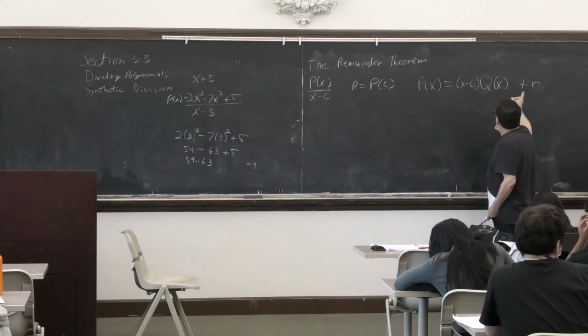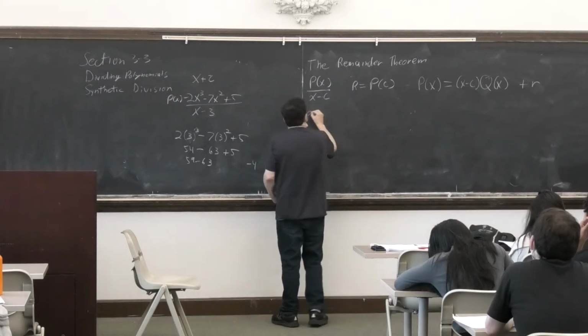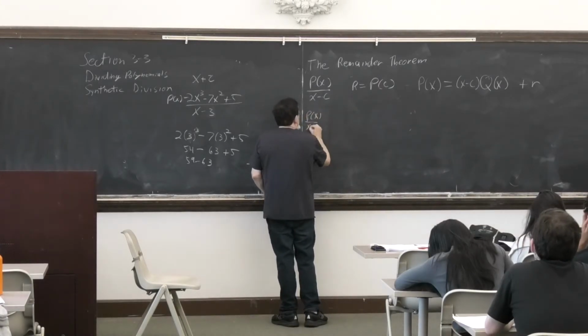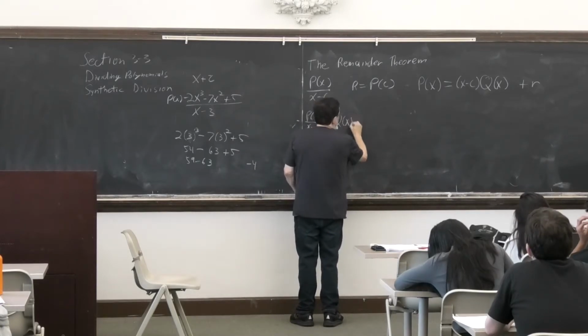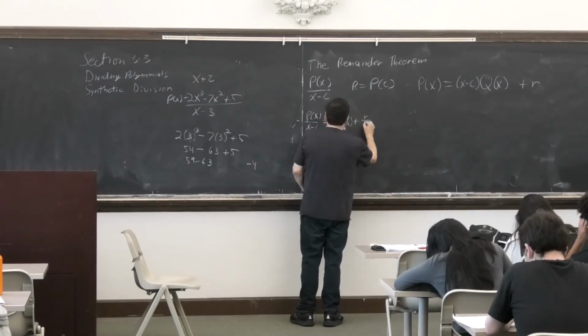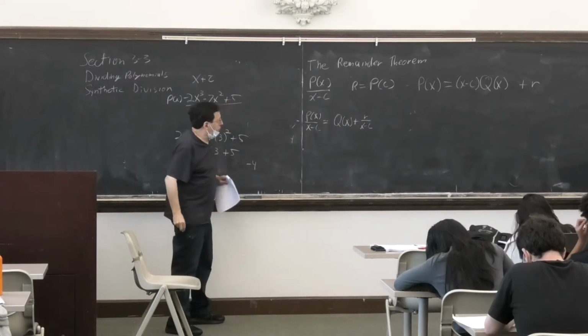If I divide this equation by x minus c, we get p of x over x minus c equals quotient plus the remainder over x minus c. Just like division of numbers. Right?